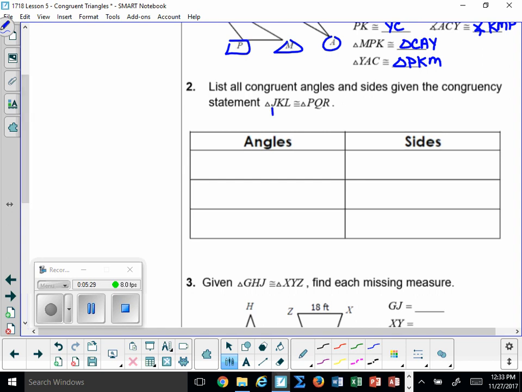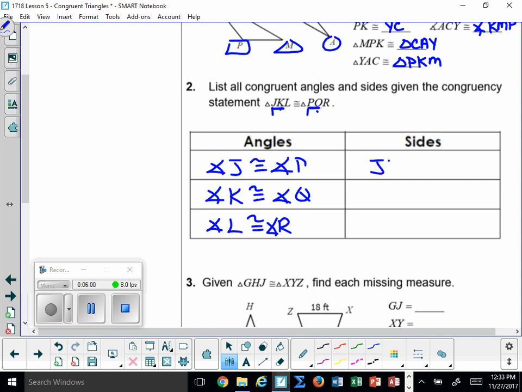I can do J to P, K to Q, and L to R. Then I can say JK to PQ, KL to QR, and JL to PR.